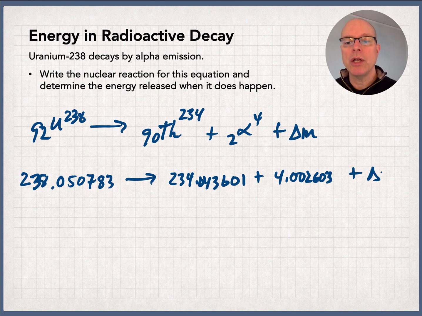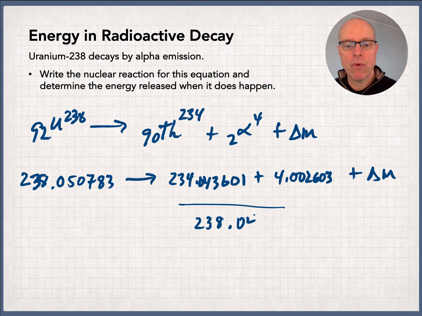And then the change in mass. You just do the subtracting. You add up this side and add up that side, and then you look for the missing mass. The right side sum, when I add them, is 238.042604.